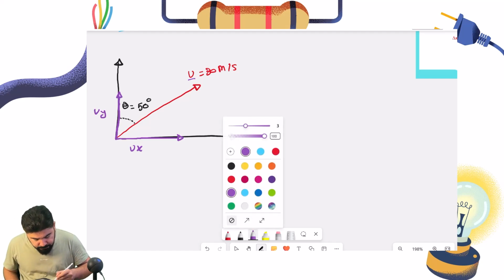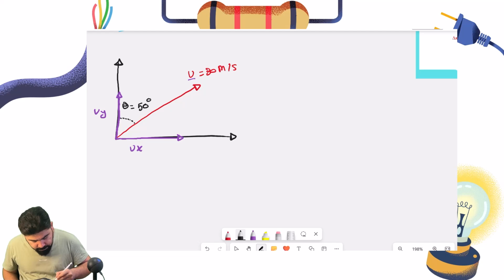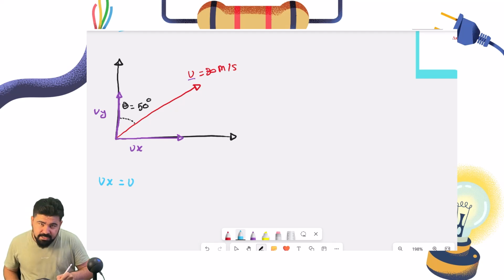Now, guys, Vx is going to be what? It is going to be V, you say it, not cosine, careful, because the angle this time is made with the y-axis. So this is going to be V sine theta.